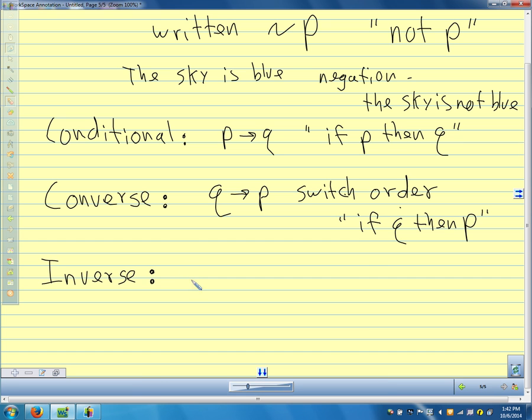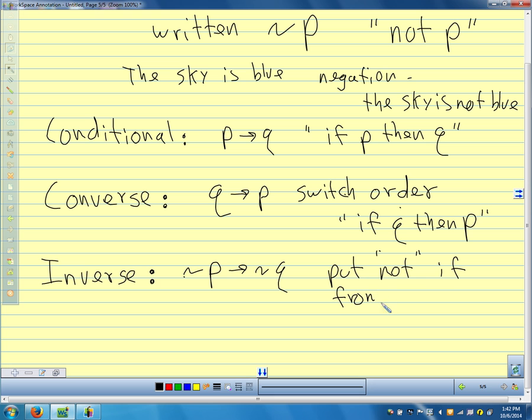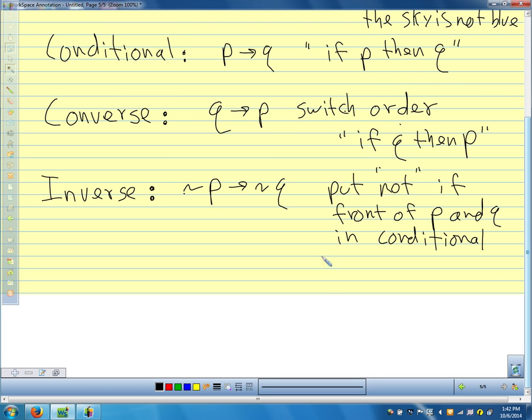So we're going to say not P implies not Q. And we would read this, if not P, then not Q. Putting not in front of the P and the Q, we call negating P and Q. So we could say to make the inverse, we negate P and Q in the conditional statement.